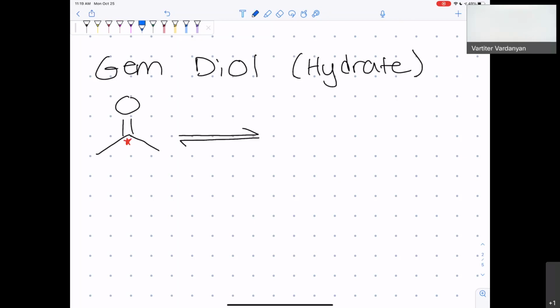The first reagent we have is going to be H2O. And this reaction can happen in acid and in base. So I'm going to show you both actually for this one. And the first one I will show you is acid, because why not? Let's say HCl.